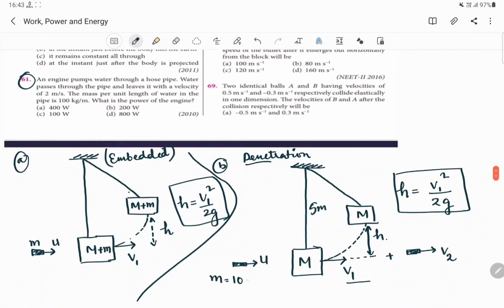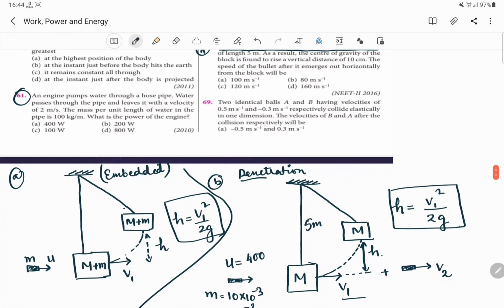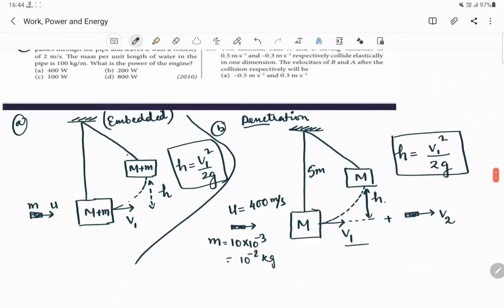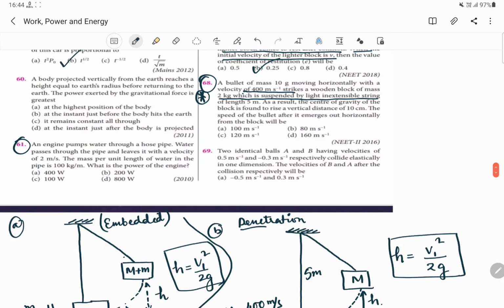10 gram can be written as 10 into 10 to the power minus 3, which is 10 to the power minus 2 kg. And what about the initial speed of the bullet? Initial speed of the bullet u is given as 400, not 800, it is 400 meter per second. And the hanging mass capital M is given as 2 kg.